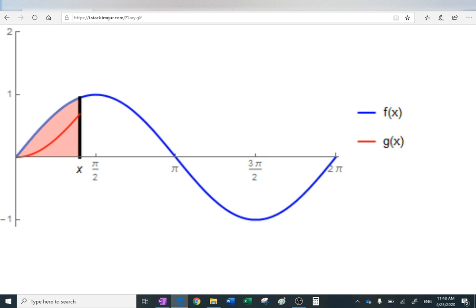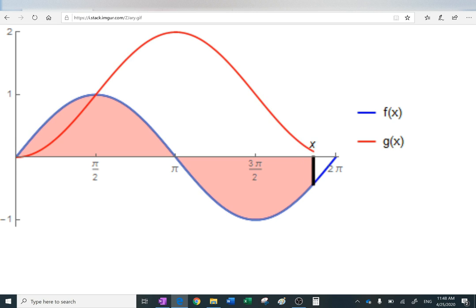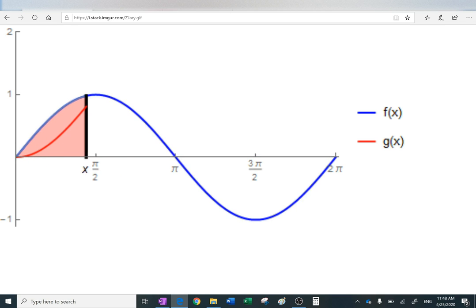That's what you see on the animation. It keeps increasing. When the area shrinks to 0, the graph of the function goes to 0. If you remember, areas above the x-axis count as positive and areas below the x-axis count as negative, then when I'm counting area only on the left piece, the function in red, g of x, is increasing.